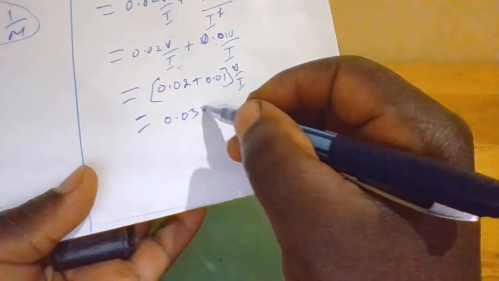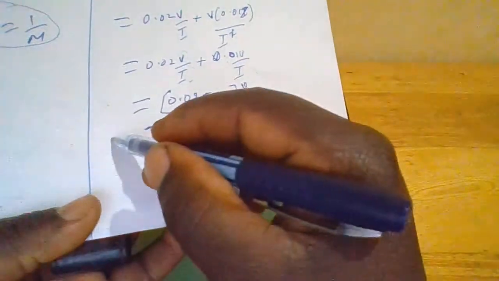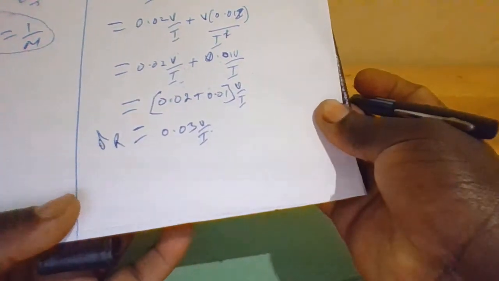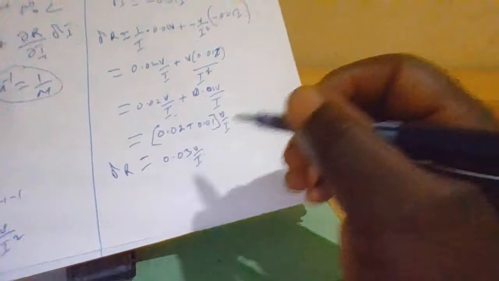Which is the same as 0.03 V over current. So we shall take this over the original value of R, which is V over current.